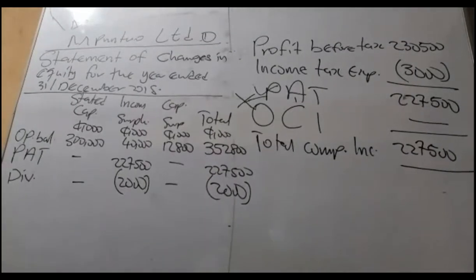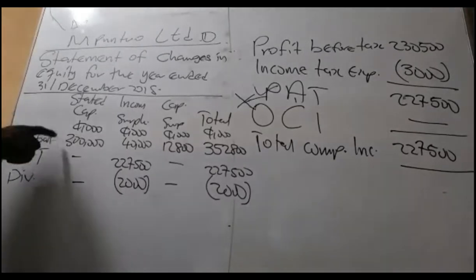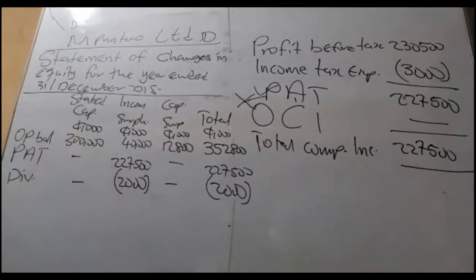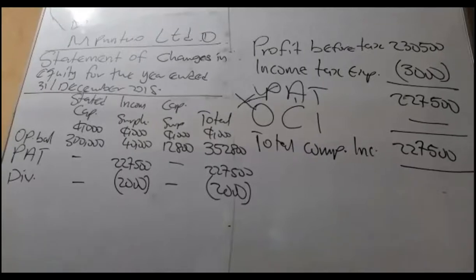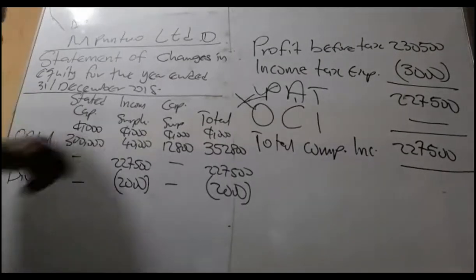If there's revaluation, or any error or mistake that will affect this opening balance, you will do that according to IAS 8. If there's any error or adjustment as a result of last year or last 2 years' issues, then we have to adjust the opening balance.